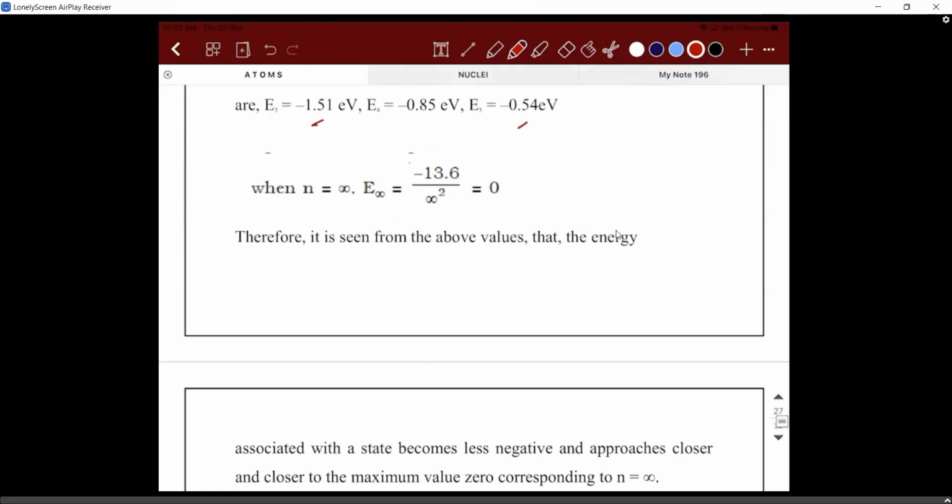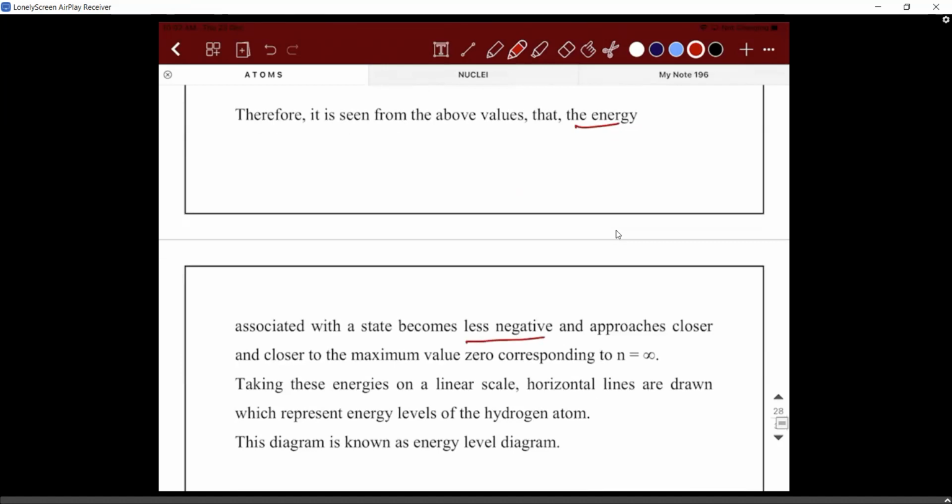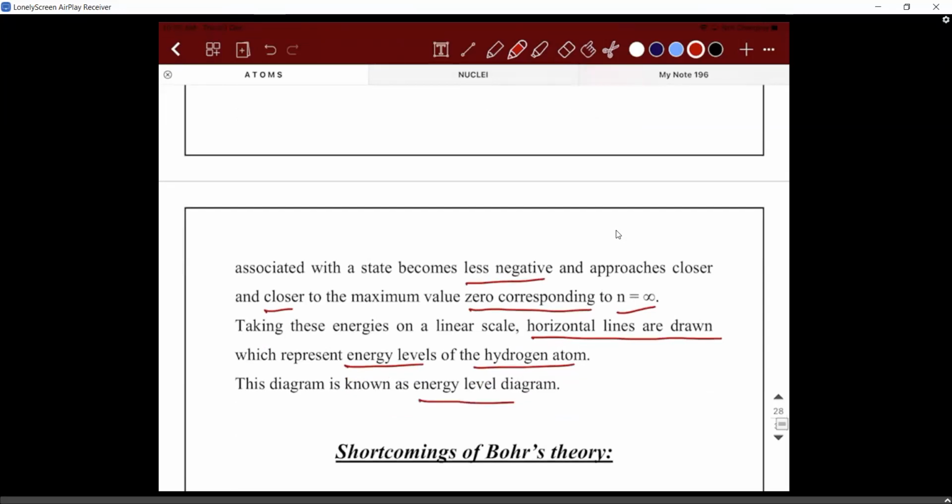Therefore, it is seen from the above values that the energy associated with each state becomes less negative and approaches closer and closer to the maximum value 0 corresponding to n equal to infinity. Taking these energies on a linear scale, horizontal lines are drawn which represent the energy levels of the hydrogen atom, and this diagram is what we call the energy level diagram. It's very simple, you need not memorize it.